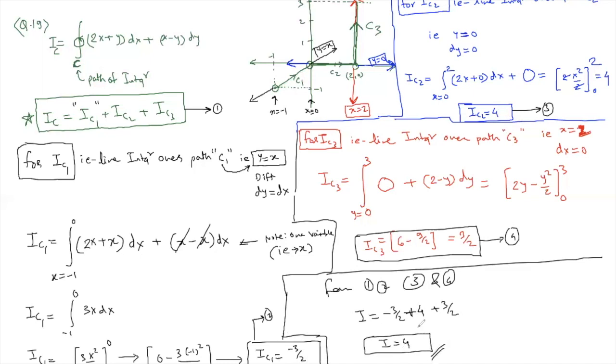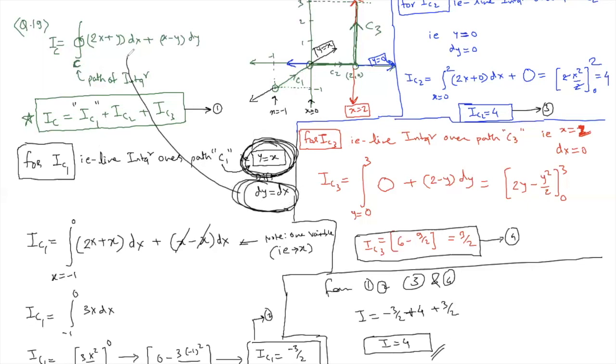So line integration is dependent on the path. That's the first point you should note. And depending on what kind of path you have, you will get a condition. I've color coded this whole thing. The black is IC1, the blue is IC2, and the red is IC3. The first, IC1, was along this line. It followed a rule that y and x are equal, so I got dy also equal to dx.